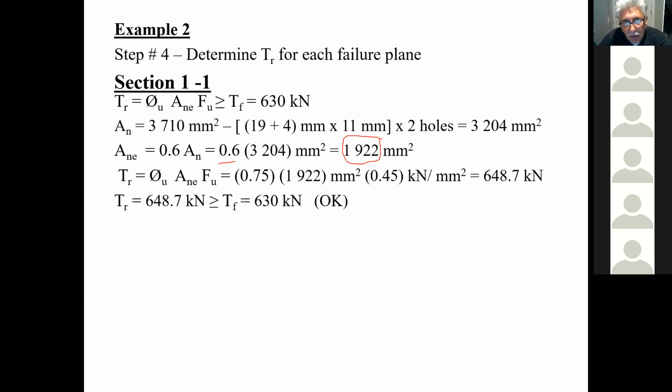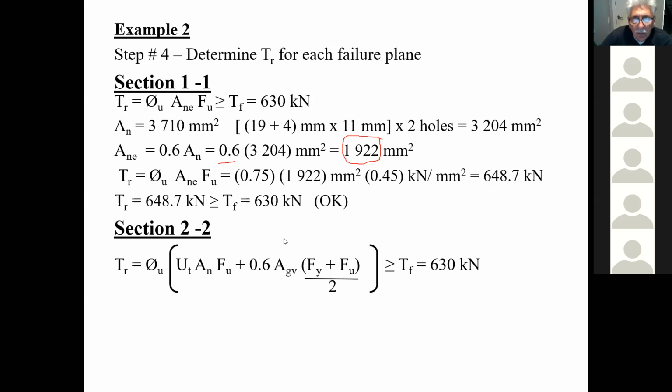Now, I have to do the same thing for section 2.2. In other words, I'm going to redraw this so that we're all on the same page. Remember that 2.2 was the one where we have a hole, and we're saying that it's going to be a block shear.